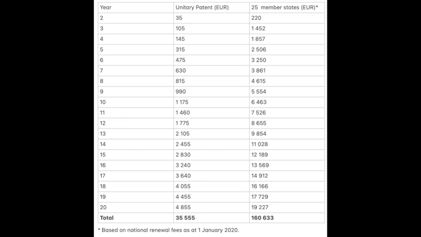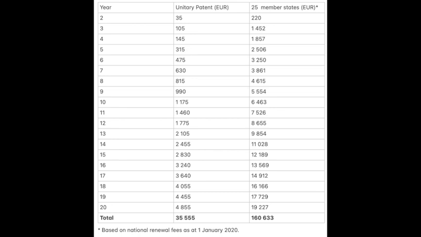But you see that if we take into account 25 member states, so that is a bit beyond the top, I would say, you will have a massive amount of less expenditure, 35,000 to 160,000 in the European patent.